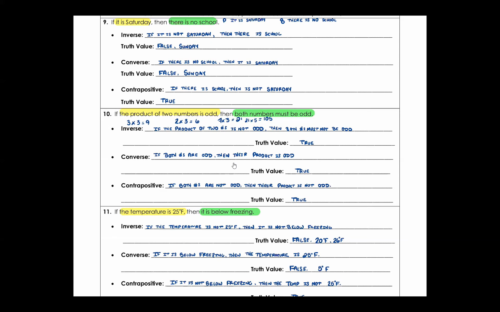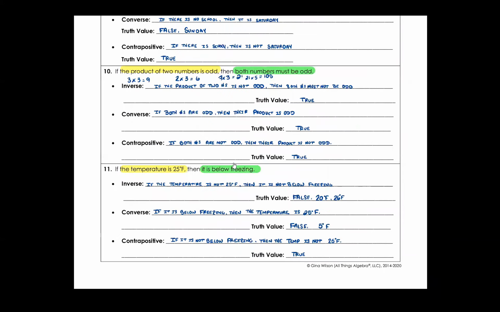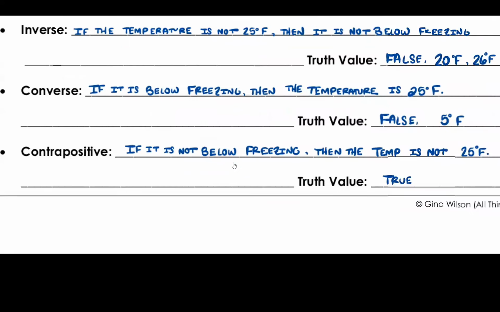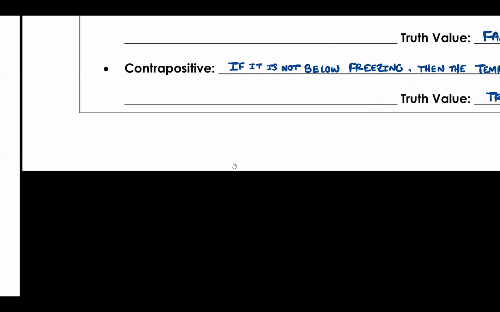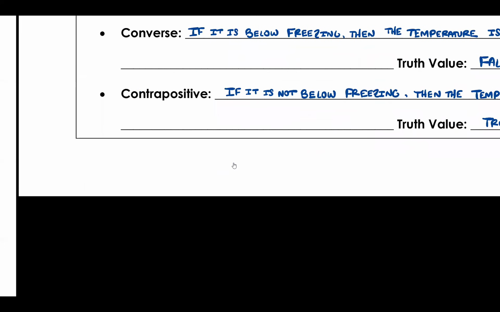The conditional statement, I'm going to label it as the CS. This will be a test question, by the way. The conditional statement, the CS, and the contrapositive, I'm going to say CP, with truth value.